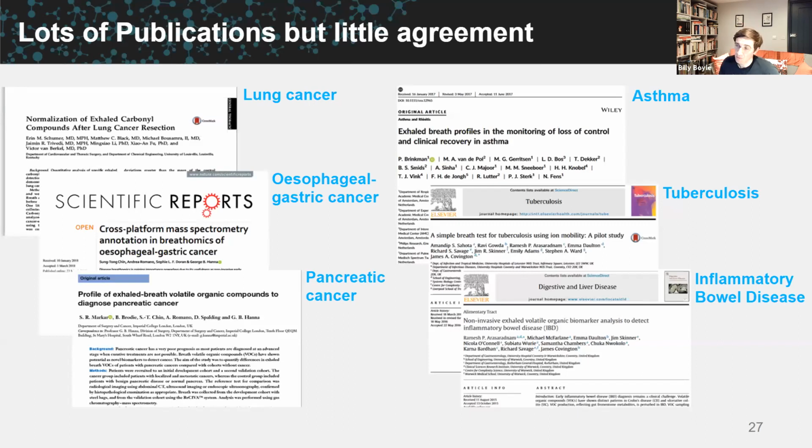But again, what we were finding was that all these studies were really small and actually none of them were being replicated. So you compare like two different lung cancer studies and they're saying different things for what the most important chemicals are. So we realized you needed to bring it back to basics and say, actually, the challenge is around the core discovery and validation of some of these VOC biomarkers.